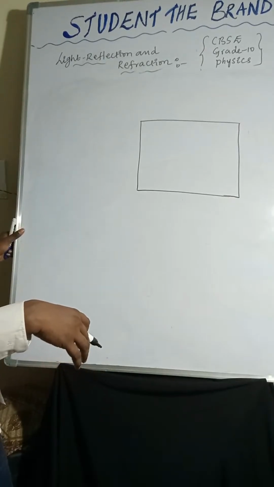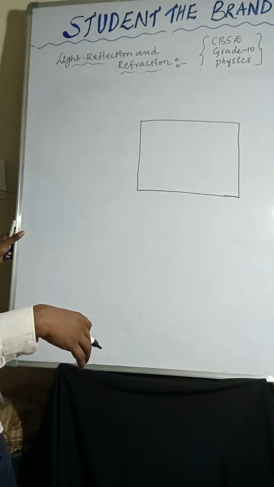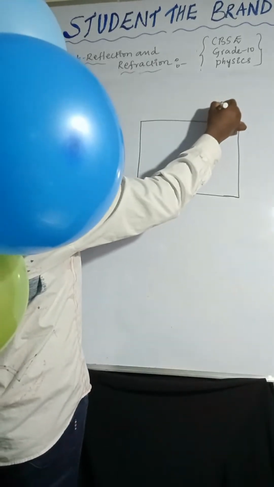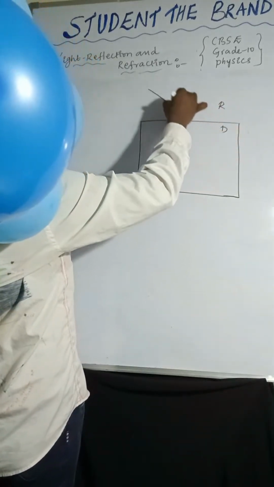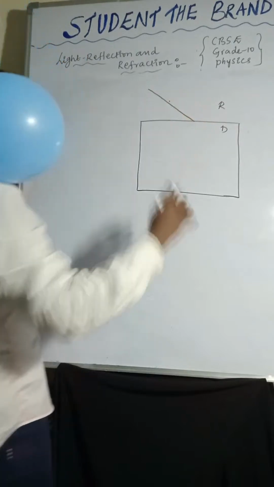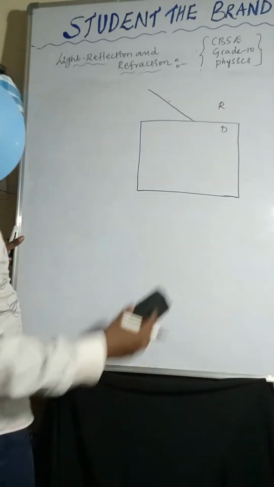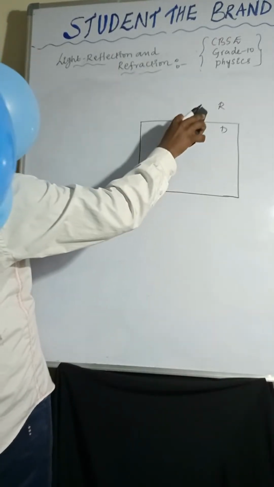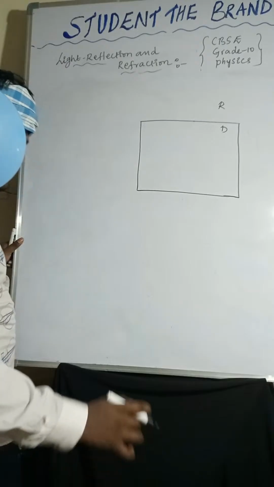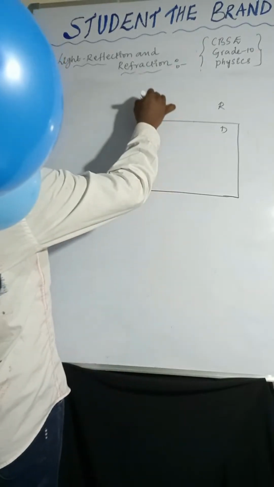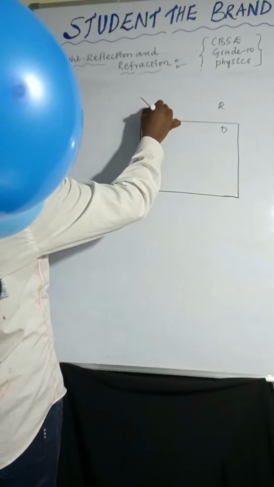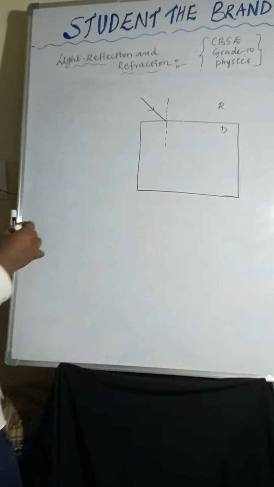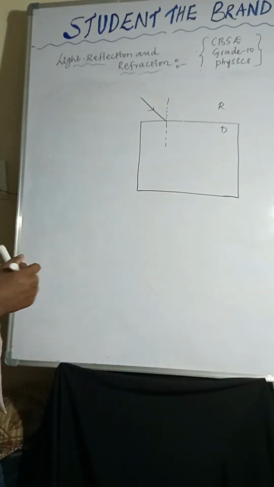This is the rarer medium and this is the denser medium. Since the light ray is passing from rarer to denser, it bends towards the normal line.